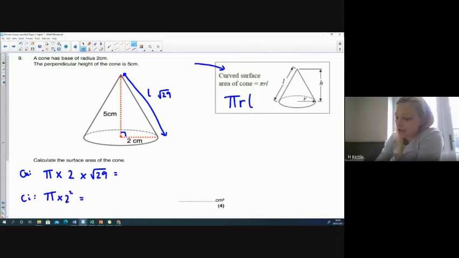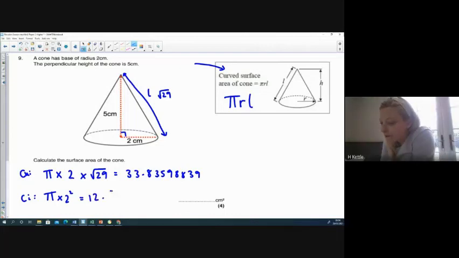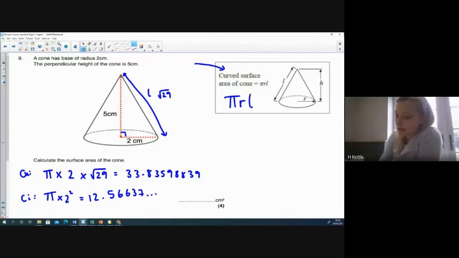Doing both of those things, the curved bit is 33.83598839, and pi times 4, pi times 2 squared, is 12.56637, and so on. Cool. And we want to add those two answers together.